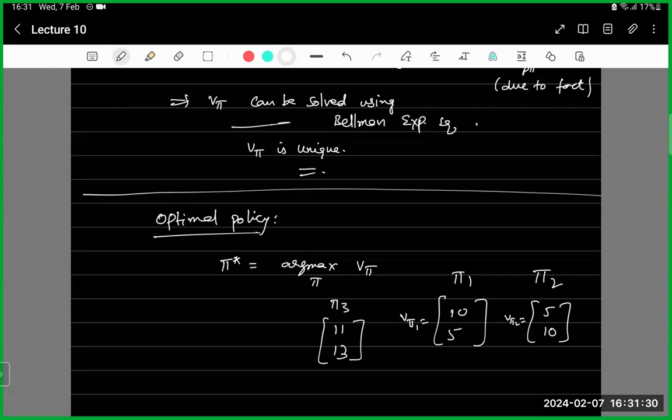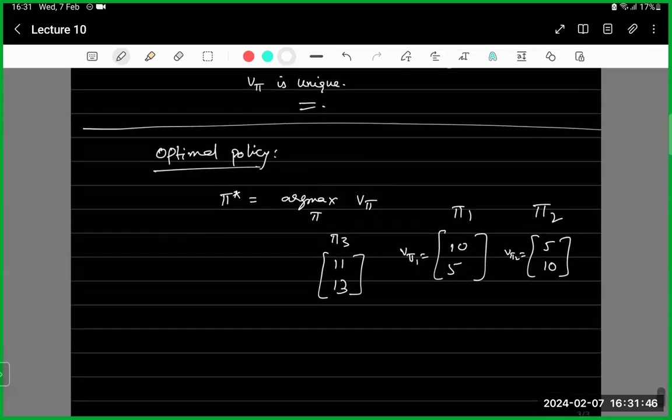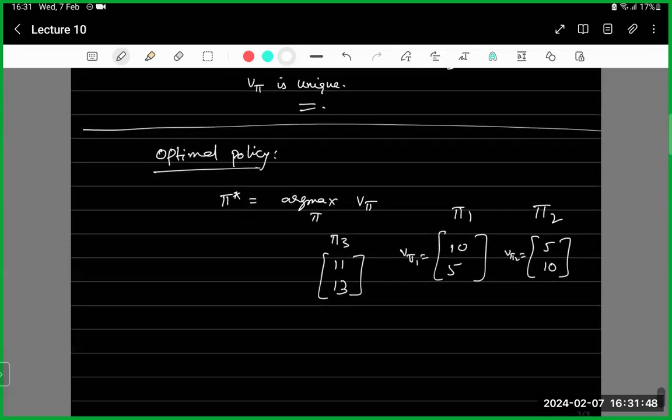Okay, the definition is clear to everyone. A policy is said to be optimal if it is optimal for every state. Then the question arises whether such an optimal policy even exists. I'm just giving you some sufficient conditions under which such an optimal policy always exists. I'll call it pi star.